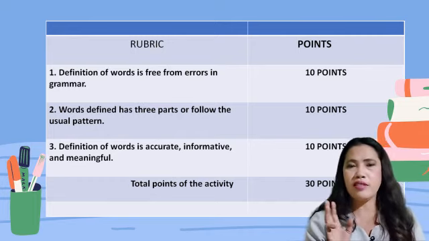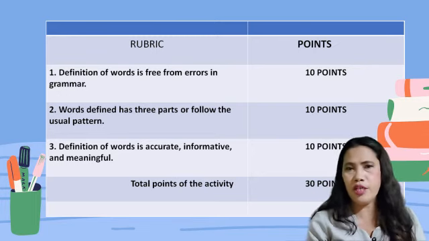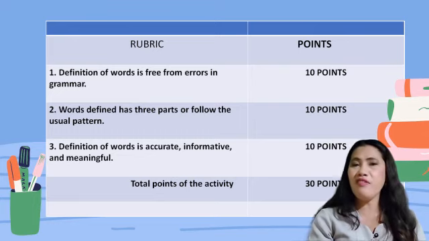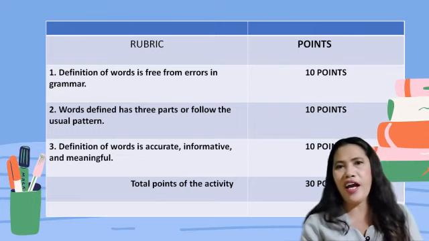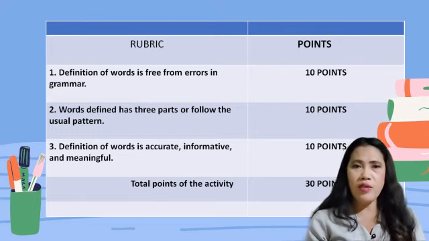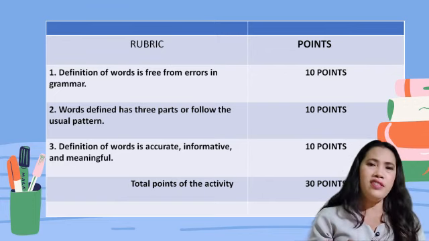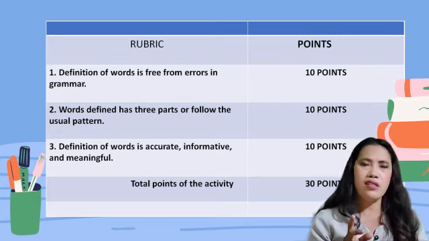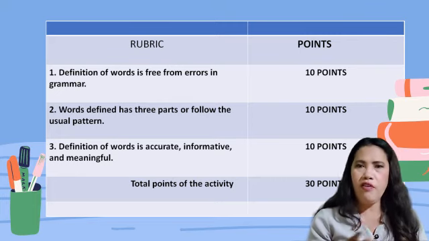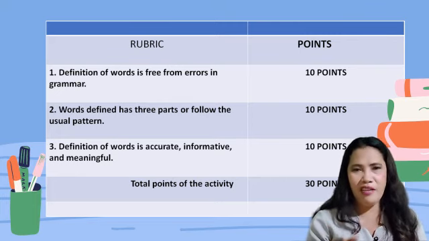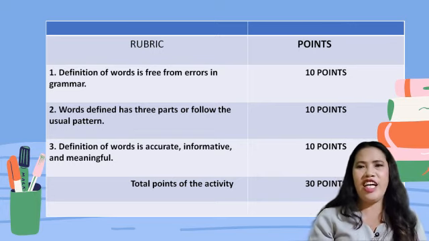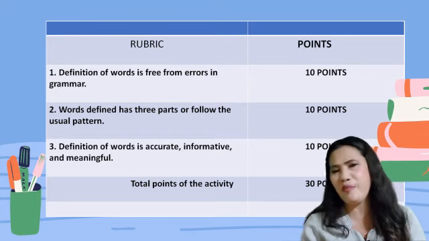So it must have 3 parts: the term, the class, and the distinguishing characteristics of the term being defined. And the last one, for another 10 points, definition of words is accurate or correct, informative, and meaningful. Meaning, it must be a formal definition. A total of 30 points.